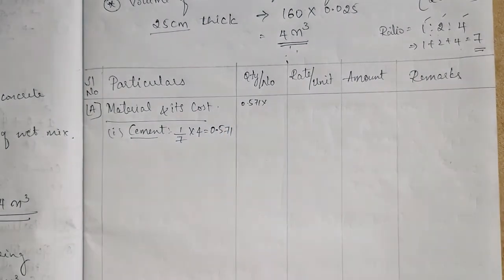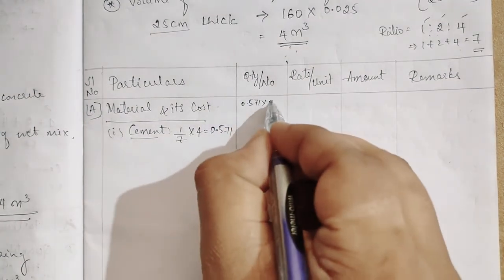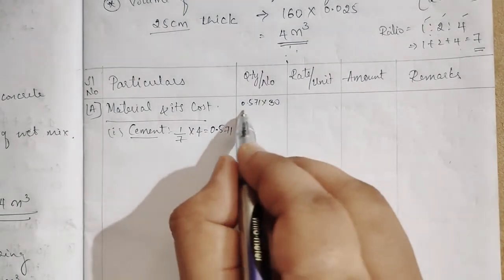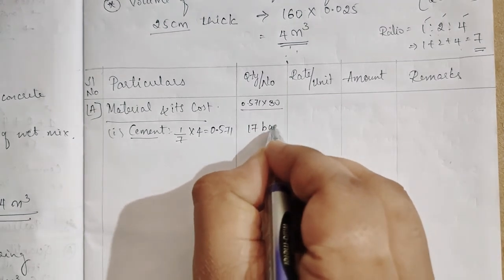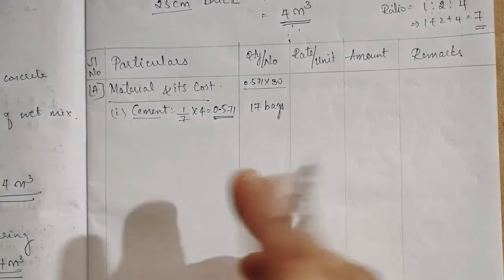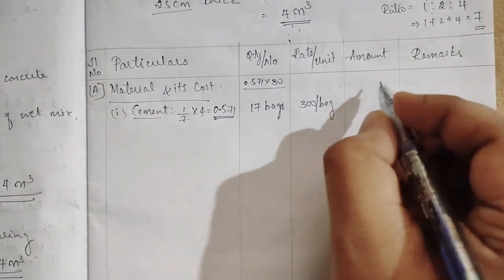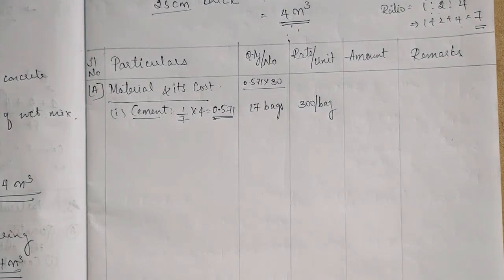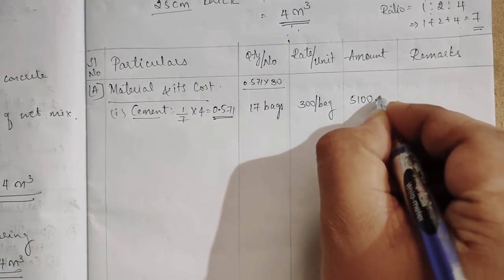Into 30 bags per meter cube, we'll get around 17 bags. As we did yesterday, same 17 bags. What is the rate? 300 per bag. So it will be 17 into 300, 5100 rupees.